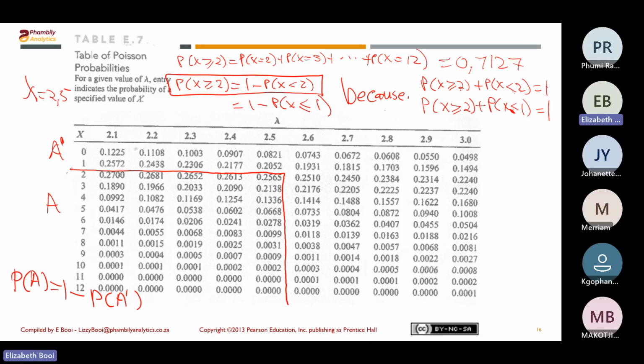Now, our A is all these values that are bigger than or equal to 2. That is our A. So the probability that X is greater than or equal to 2 makes up A. Our A complement are events or probabilities that are not included in A but are also part of the sample space.